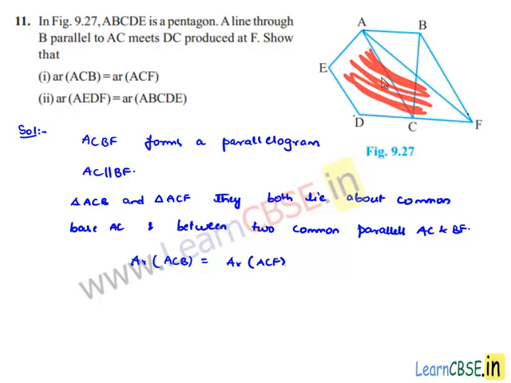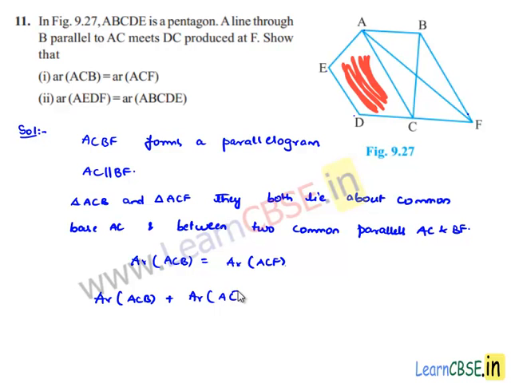Now, in order to get the area of AEDF, we need to add area of ACF with area of AEDC. Therefore, let us add AEDC on both sides. Then we get area of triangle ACB plus area of quadrilateral AEDC is equal to area of triangle ACF plus area of quadrilateral AEDC.